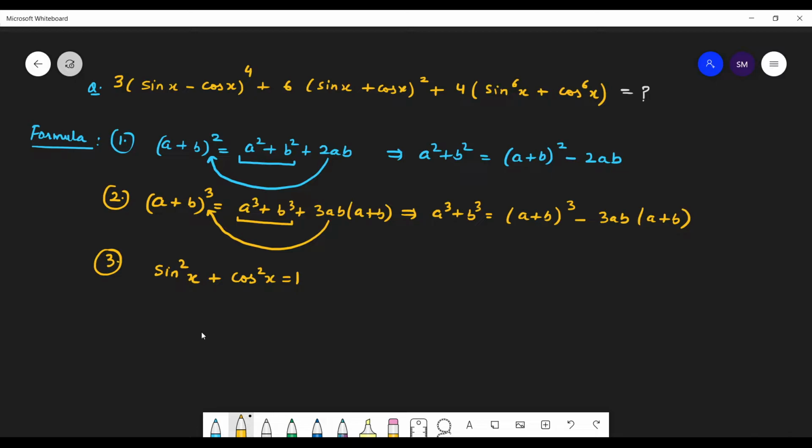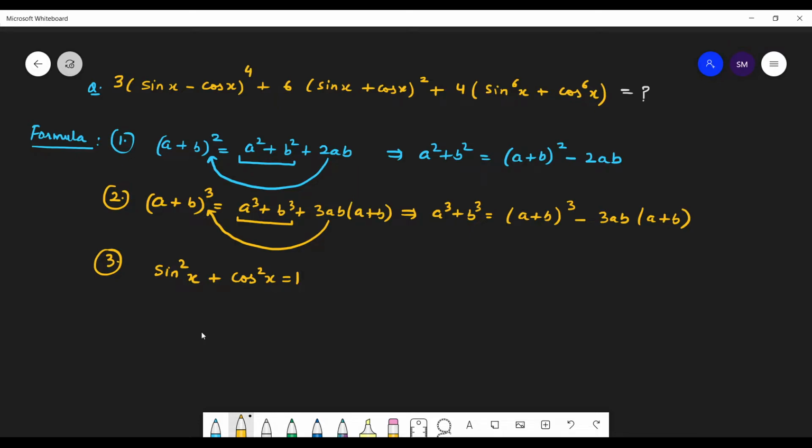So that's, again, we can say that we have this formula, we can use this result also. So otherwise it's sine x raised to the power 6 plus cos x raised to the power 6, so this means sine square x raised to the power 3 plus cos square x raised to the power 3 and a plus b whole cube. So this is 1 sine square x plus cos square x.